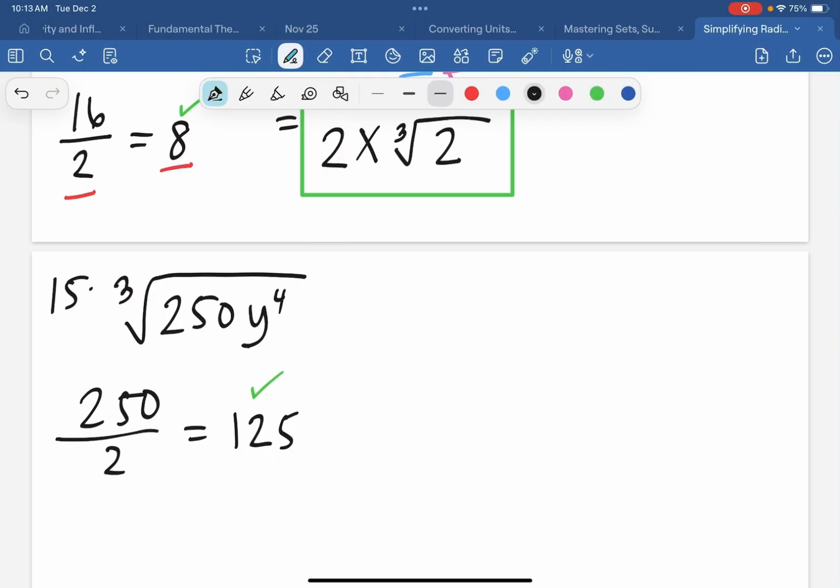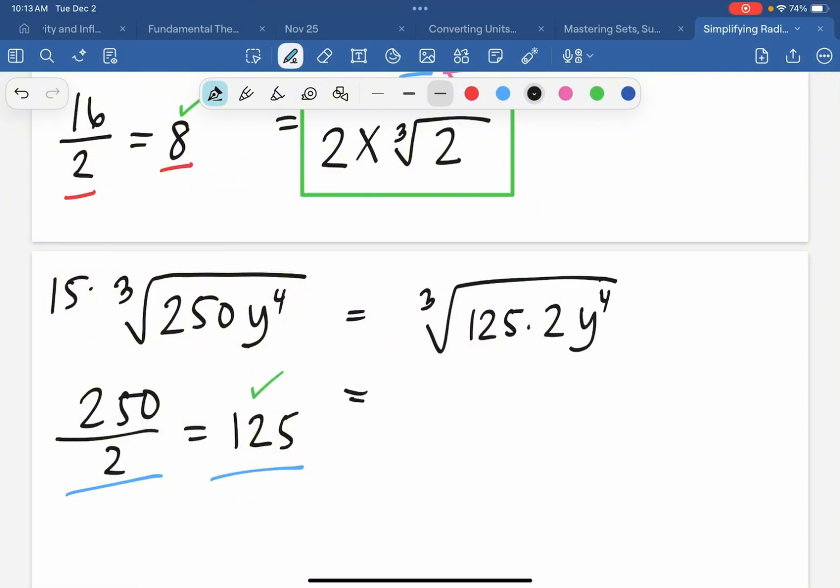So we could use 125 and 2. So equals to cube root of 125 times 2, then y raised to 4. So based on this, the cube root of 125 is 5, because 5 times 5 times 5 is 125. So 5. Now, of course, the non-perfect cube is 2, so it remains inside. So cube root of 2.